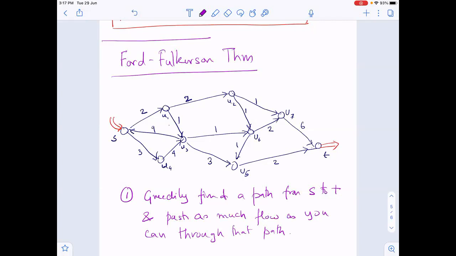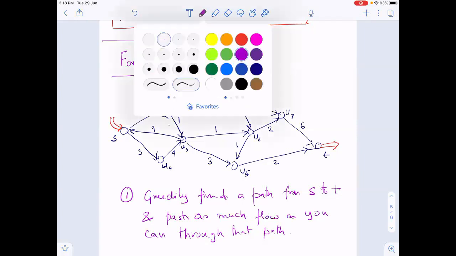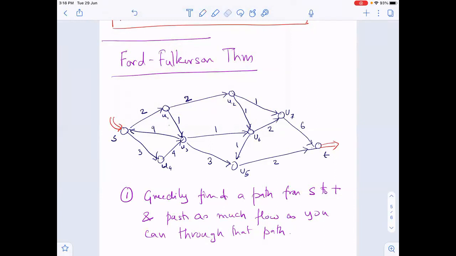Say, for example, let me see. Yeah. Say the first path that I find goes from here to here, then here to here, then here to here, then here to here, and then here. Okay, so this is a directed path.